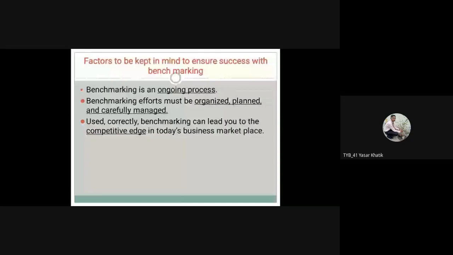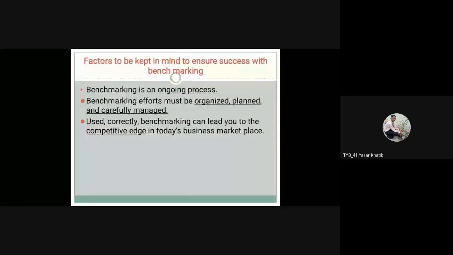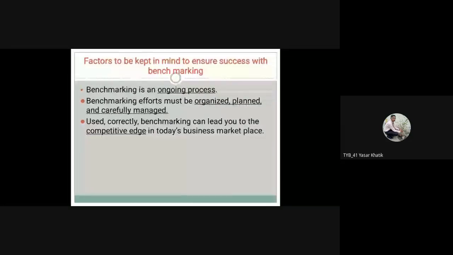Suppose you can set after 6 months, after 8 months, or yearly, you can set a confirmed period of time. According to that time you can make one simple plan for the benchmarking, and you can do the benchmarking.